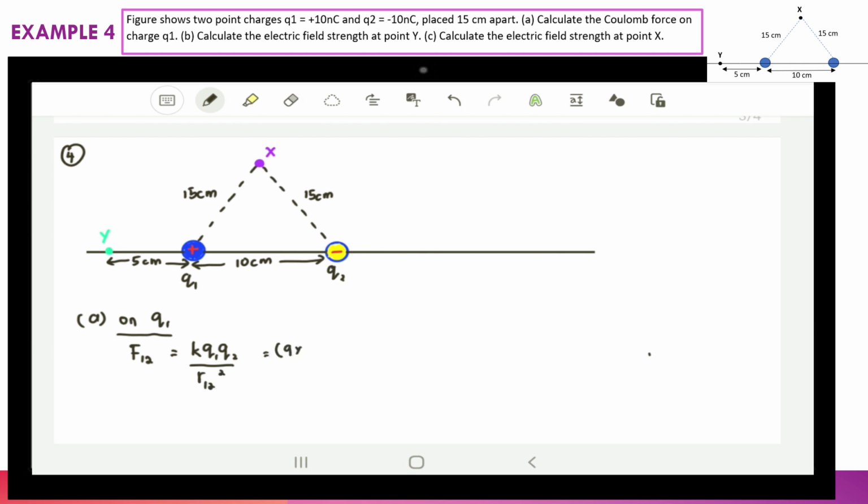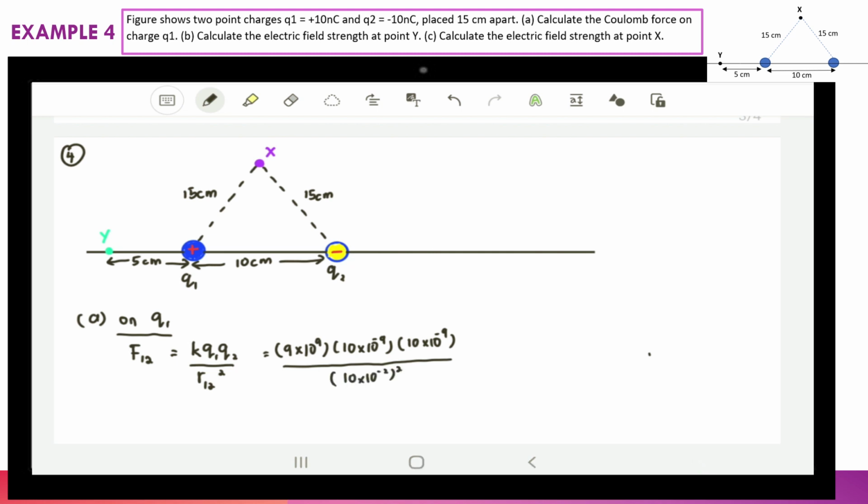Okay, so we just substitute all the values. So this one is positive 10 nanocoulomb. So Q2 is the negative 10, but don't insert the negative charge in your calculation. So just put 10 times 10 power of negative 9 and over R12 is 10 centimeter squared.